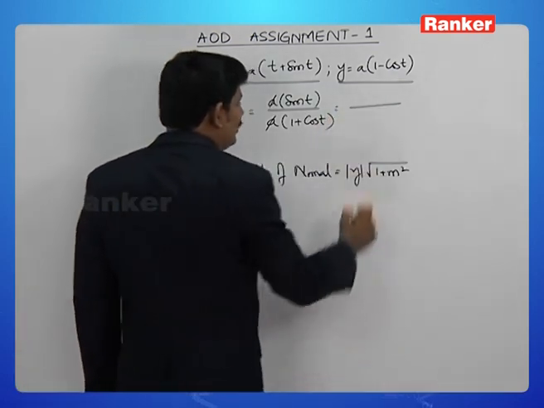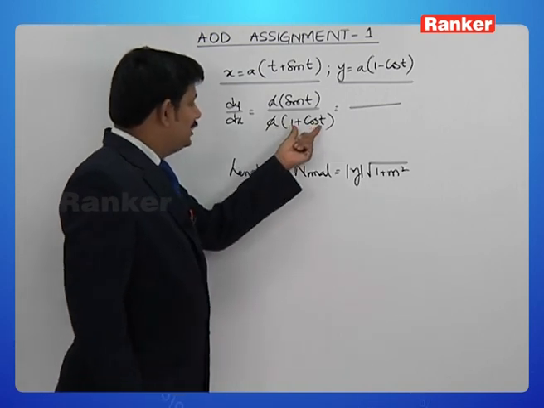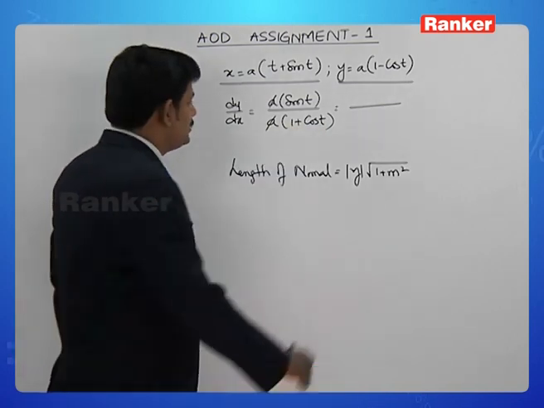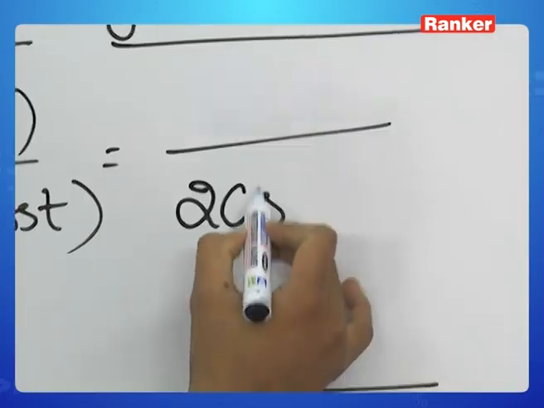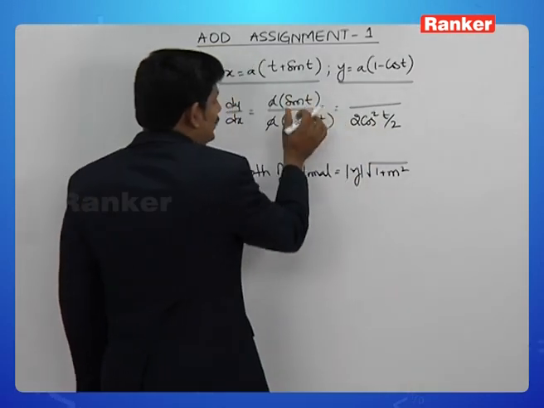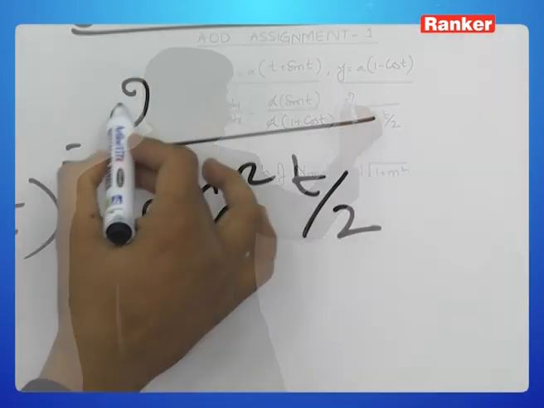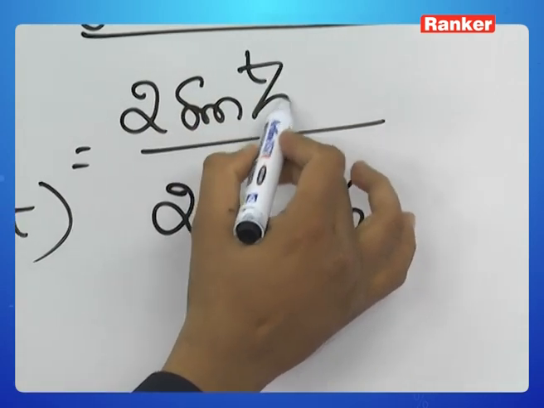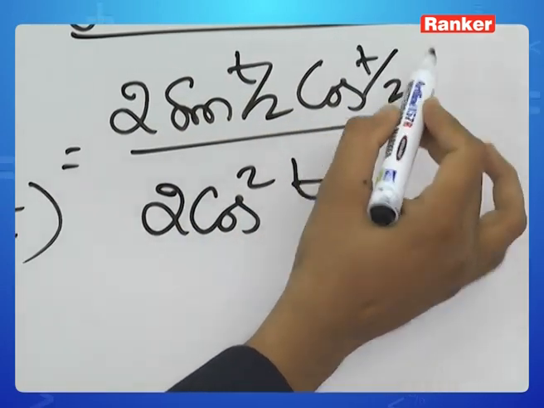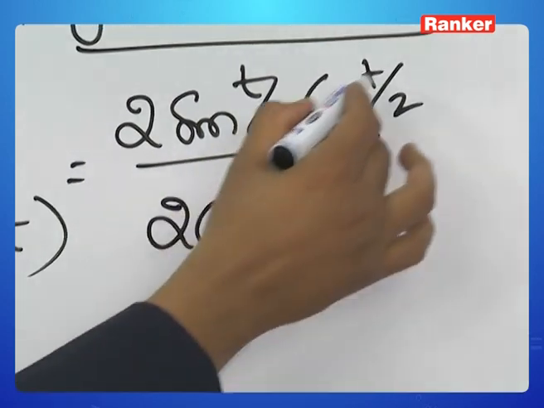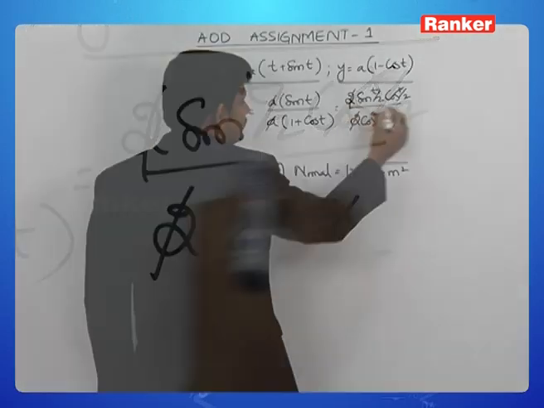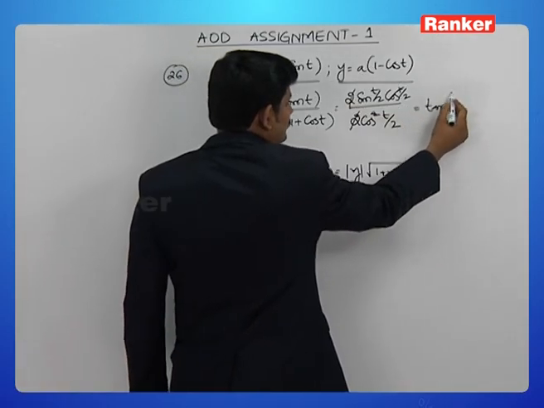Whenever we see 1 plus cos t in trigonometry, we replace this by 2cos²(t/2), and sin t can be written as 2 sin(t/2) cos(t/2), the sin 2θ formula. One cos(t/2) gets cancelled, 2 gets cancelled, and this is tan(t/2).